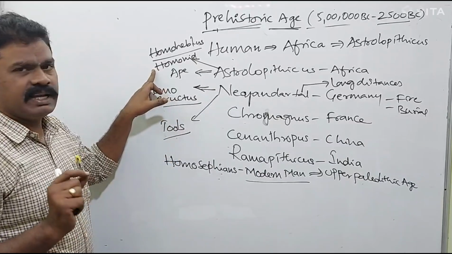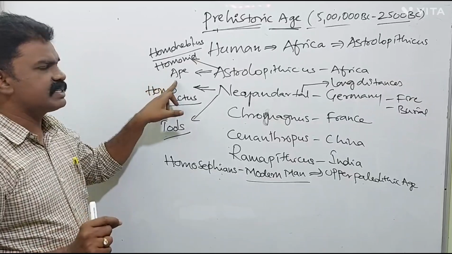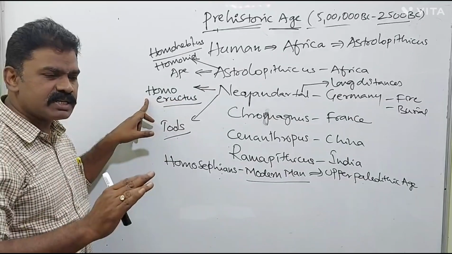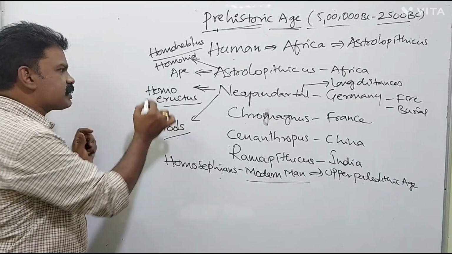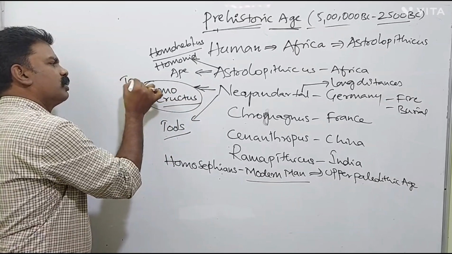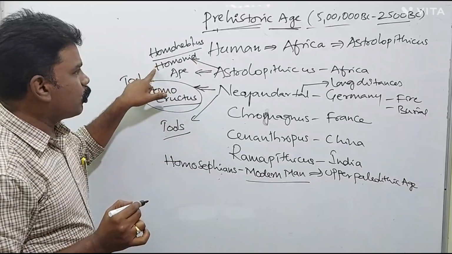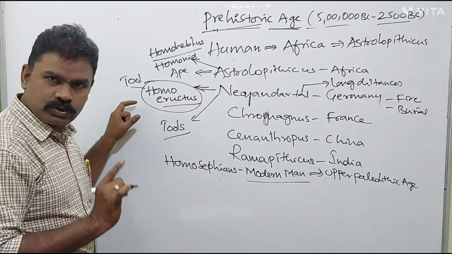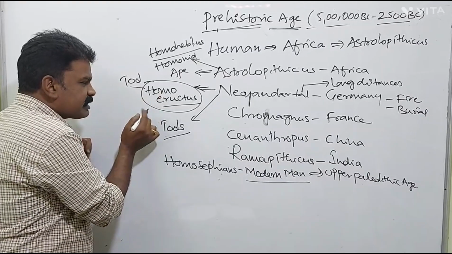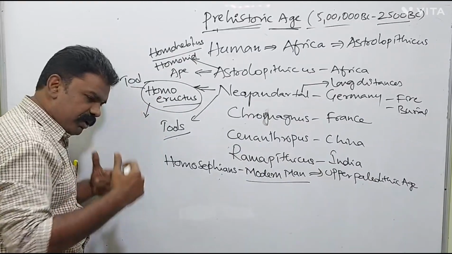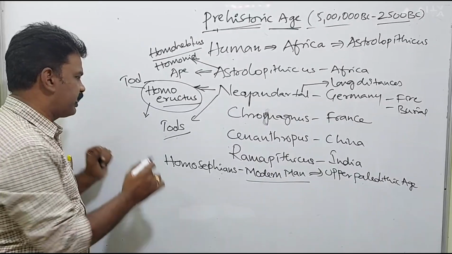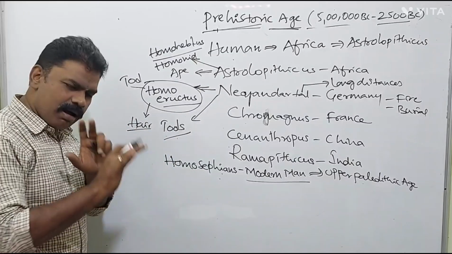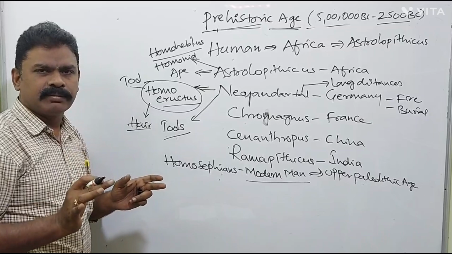Hominid, the tailless ape, was completely in the form of the ape. But Homo erectus slowly started the humankind, and these people started using tools. The hominid did not use tools, and they later started making tools. The complete body of Homo erectus was covered with hair.